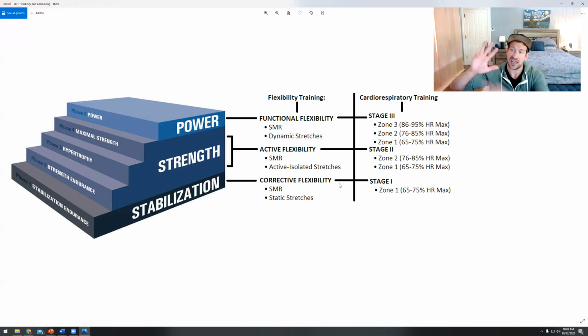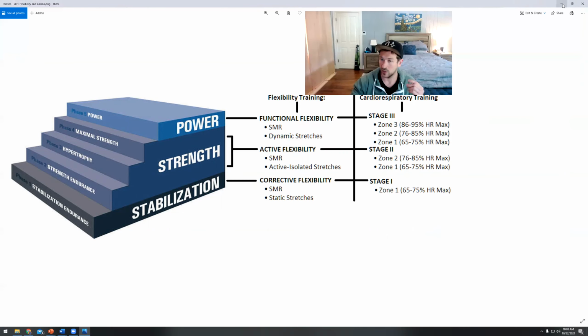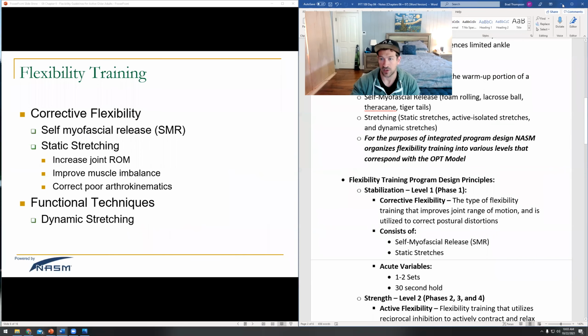So it's like you have 2 static stretches, 1 active stretch, and 1 dynamic stretch, right? You would go, okay, they said they're in the strength level, therefore I need active flexibility, which means I need active stretches. Option B was my active stretch. And there's your right answer. Sounds really complicated, but the more you get familiar with this, the easier it flows.